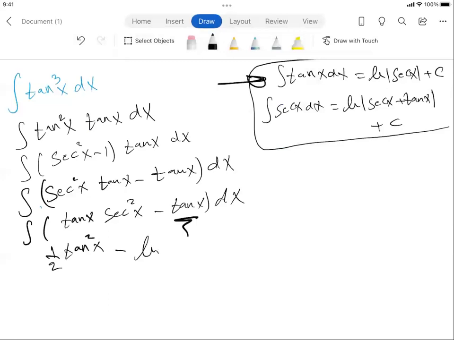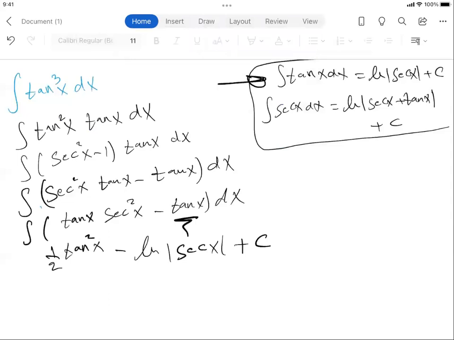So it becomes natural log of secant of x plus c. This wasn't bad.